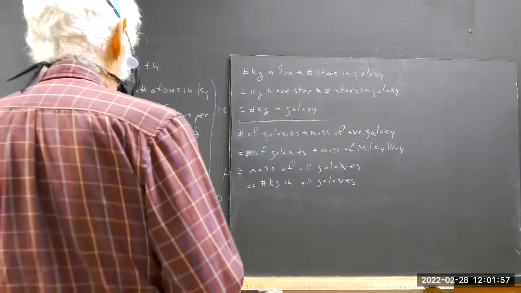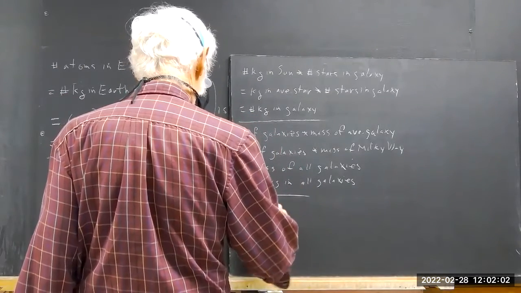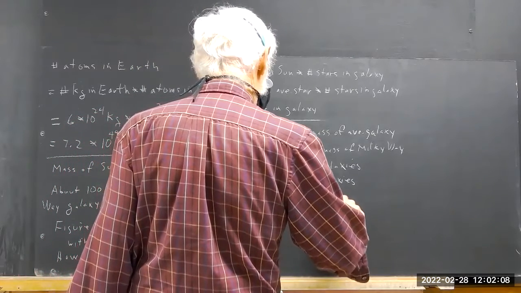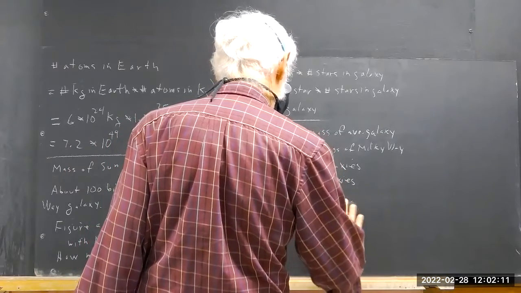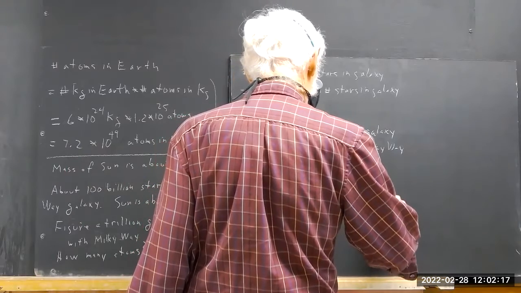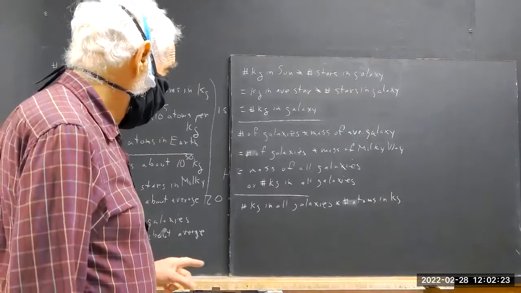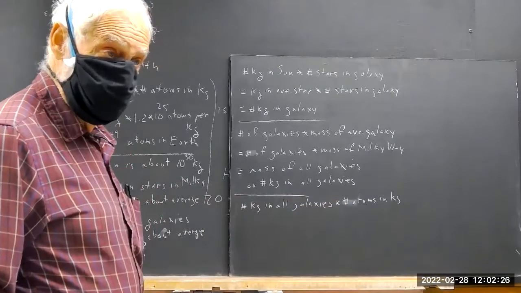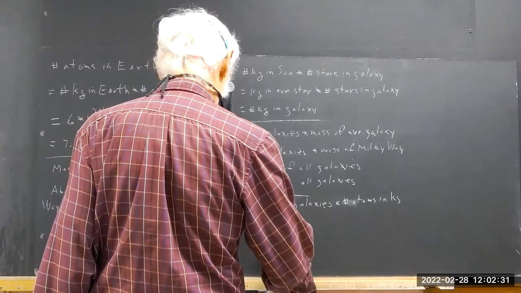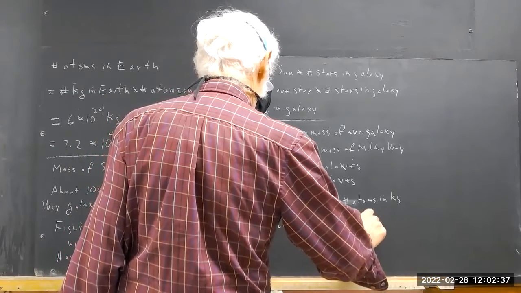So we multiply the number of kilograms in all galaxies times the number of atoms in a kilogram, giving the number of atoms in all galaxies.